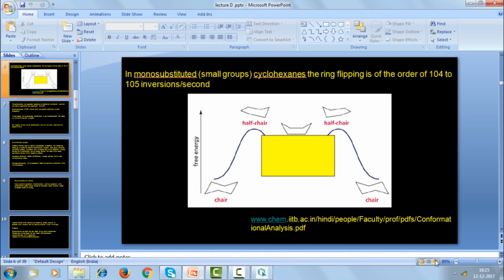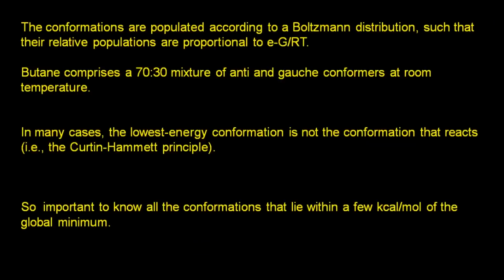So, there is a very important point: the conformations are populated according to the Boltzmann distribution, such that the relative populations are proportional to e to the minus G by RT. Okay. So, it is not that you will always find only the minimum energy conformation.